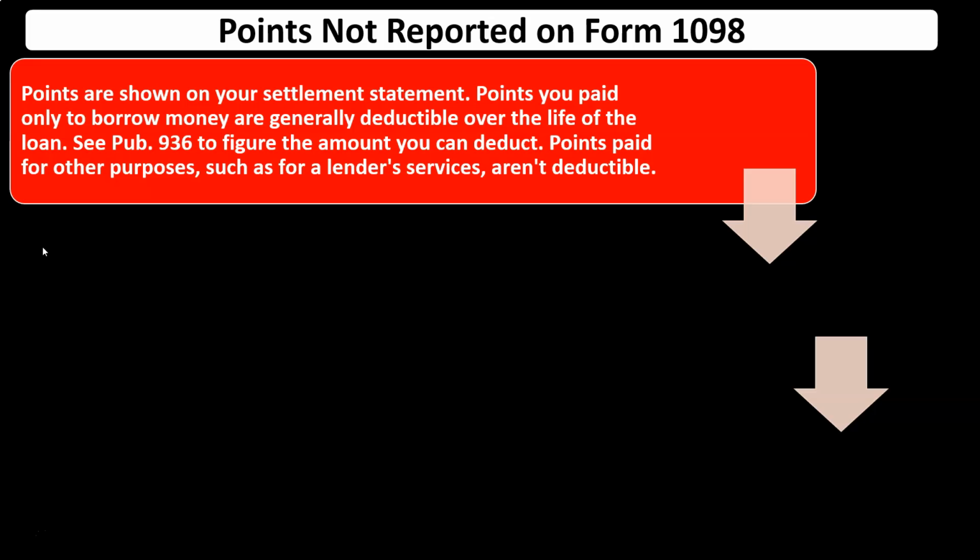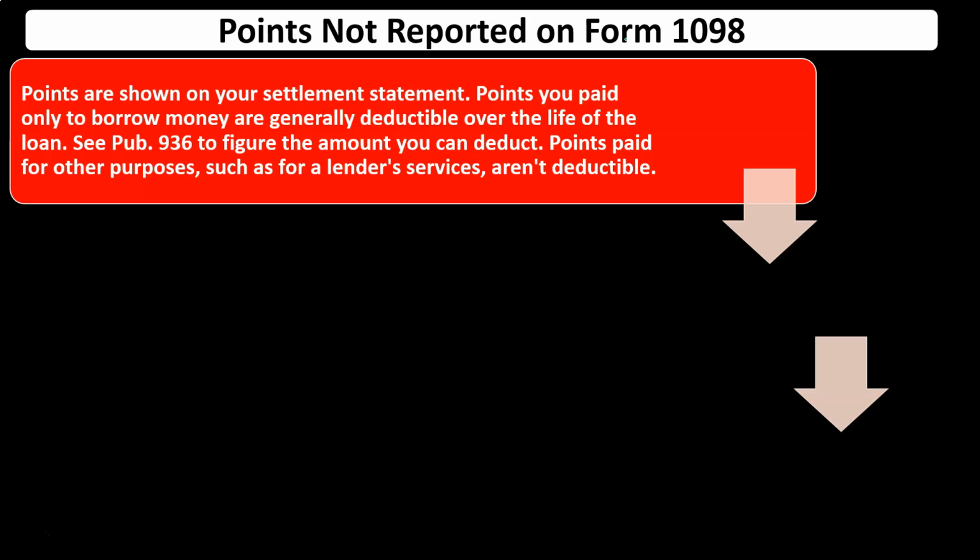And this will typically come into play in the year of purchase. So in the year of purchase, you're going to want to take a look at the settlement statement and the closing statement, and then consider whether or not there are points involved that might be deductible or depreciable or amortizable that are not included in Form 1098.